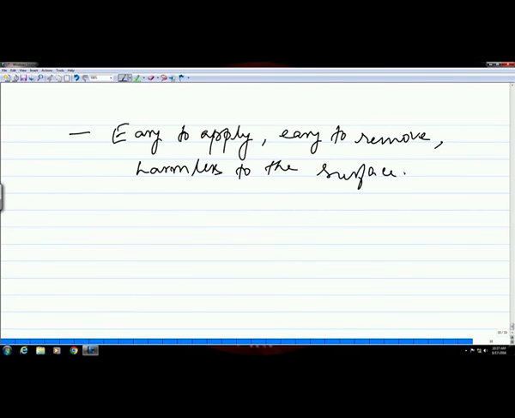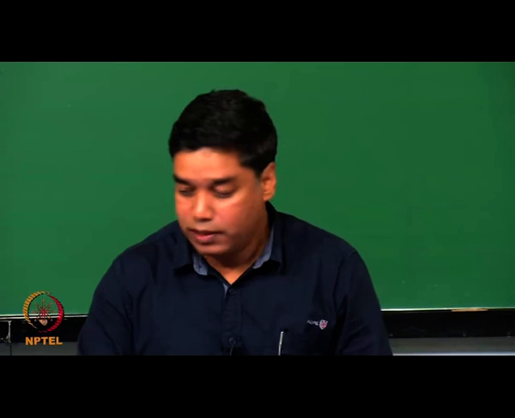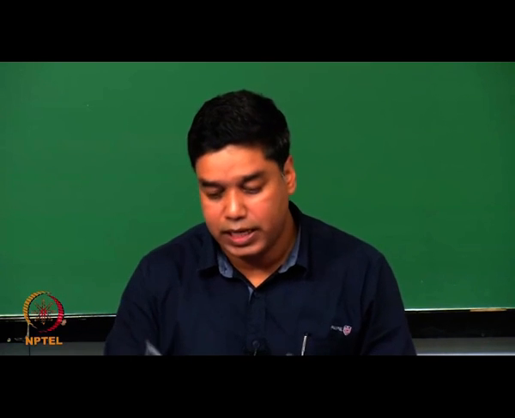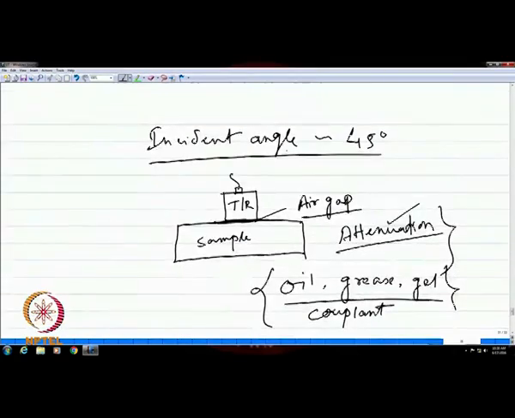Okay. So, these are the property requirements from a couplant for it to be used effectively. Okay. So, this is how when you do the test, you might have seen that some kind of oil or grease is applied on the surface, and then on that the probe transducer will be kept and moved over the surface. Okay.